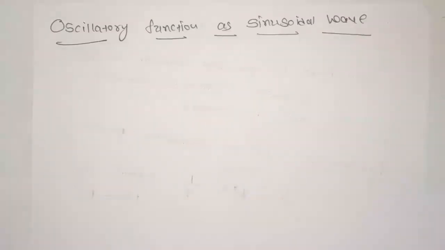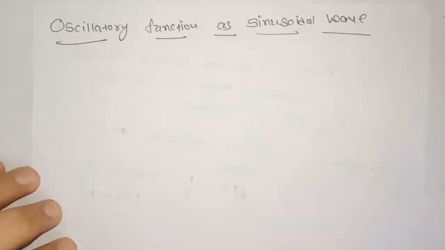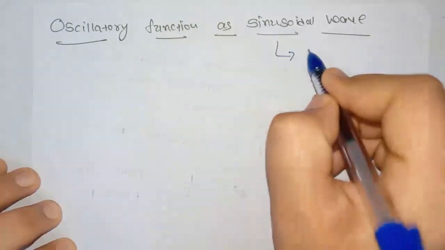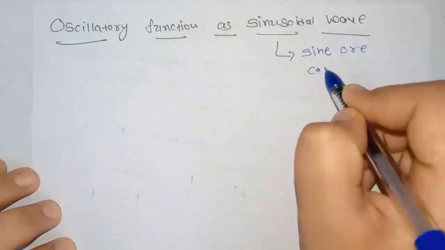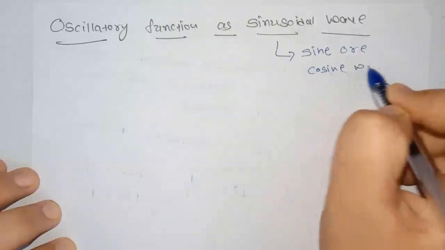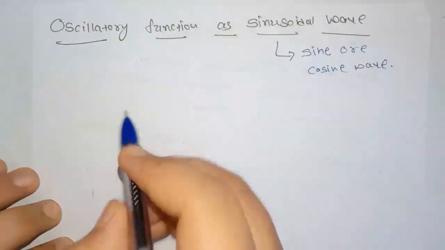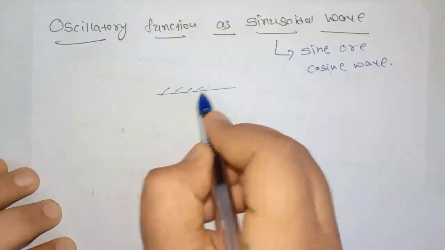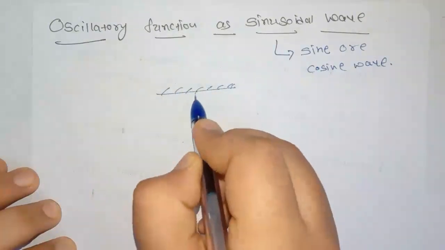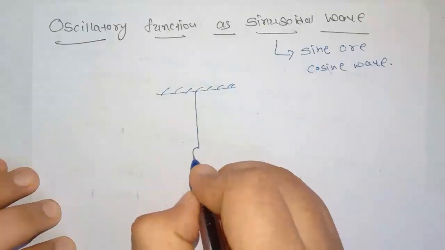Now let us see how an oscillatory function is represented as a sinusoidal wave. Sinusoidal wave means as a sine function or cosine function. So let us consider a pendulum which is oscillating about its mean position.